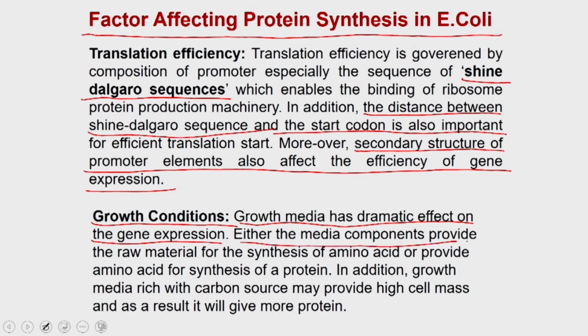If your protein requires lysine, arginine and glutamate, then these amino acids or their precursors should be present in the media to provide the amino acids for the synthesis of a particular protein.